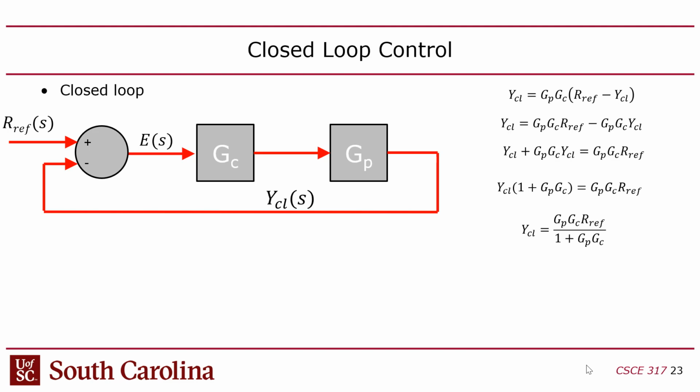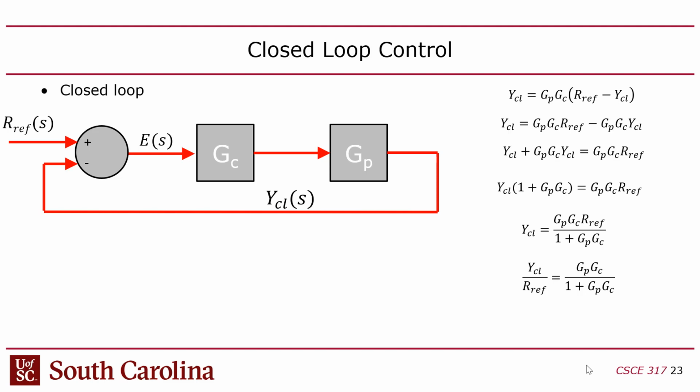And then you just have to divide both sides by 1 plus GPGC, and then divide both sides by ref. So what you end up with is YCL over ref equals GPGC over 1 plus GPGC. Now this is actually a classic closed loop form.